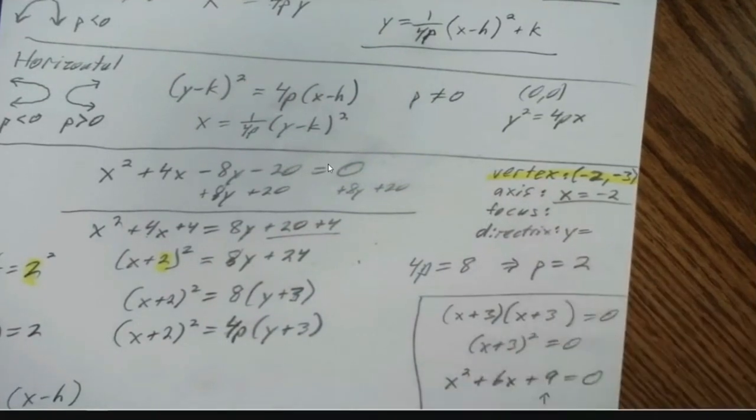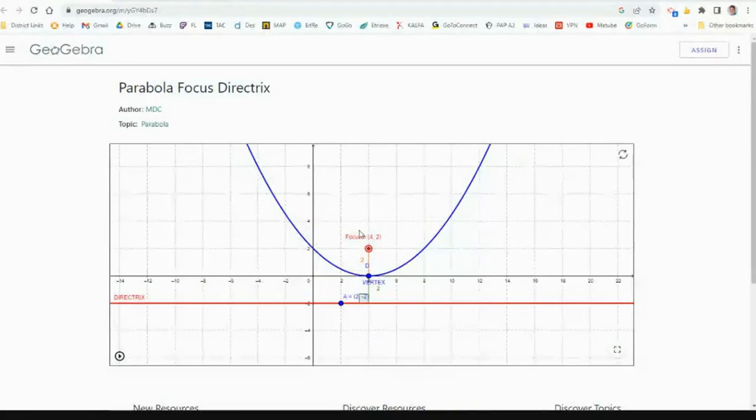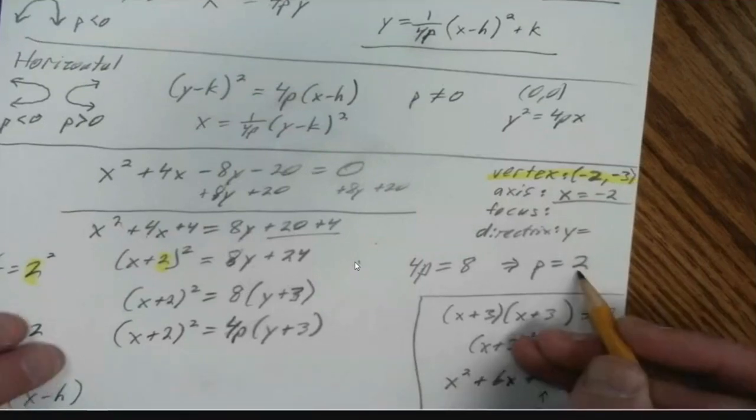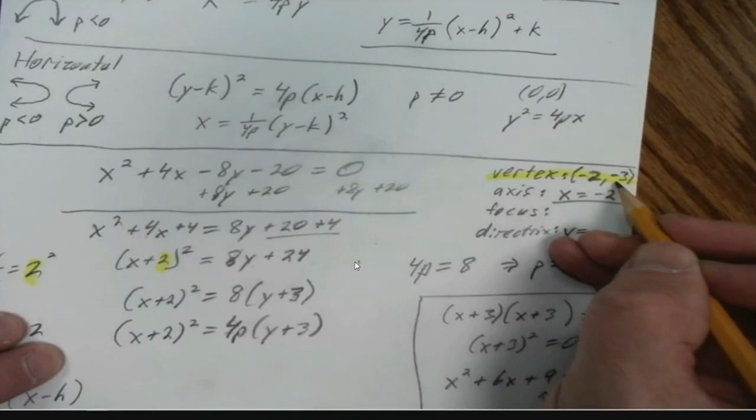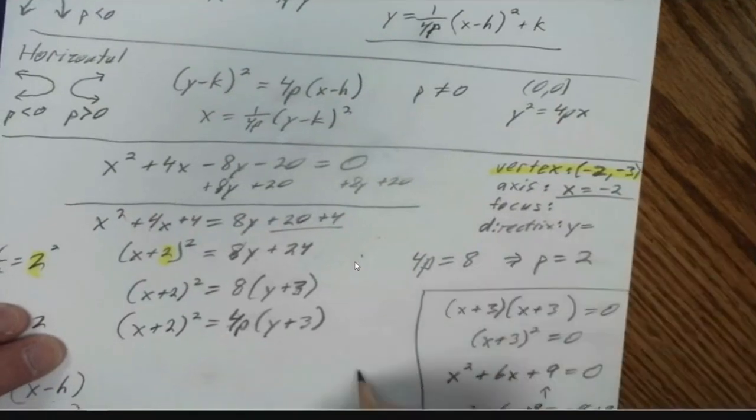Since the focus is straight up from the vertex, it has the same x. In the earlier example, the vertex is at 4, 0 and the focus is at 4, 2, just 2 higher than the vertex. Same case here. Whatever the vertex is at, negative 2, negative 3, we need to add 2.